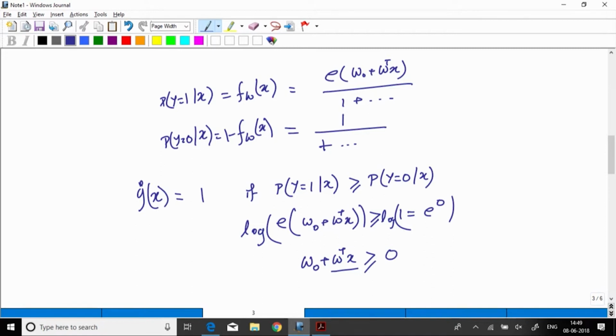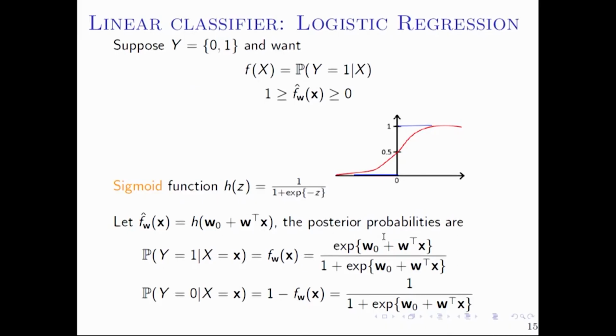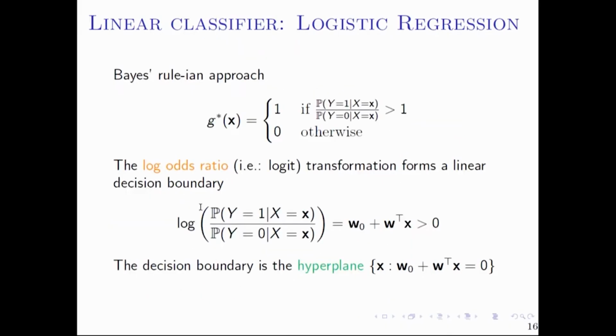So though we are fitting a non-linear curve using the sigmoid function, it turns out we are actually doing linear classification, because this is our linear boundary. This log function here is called the log odds ratio, and that is why we call this model logistic regression.